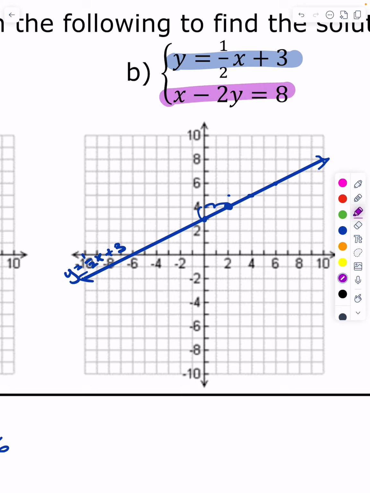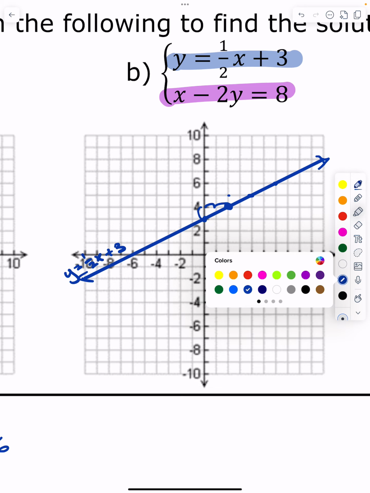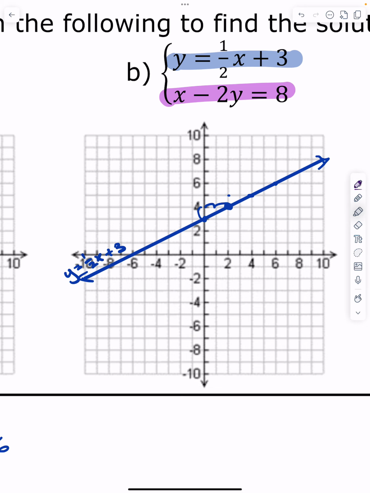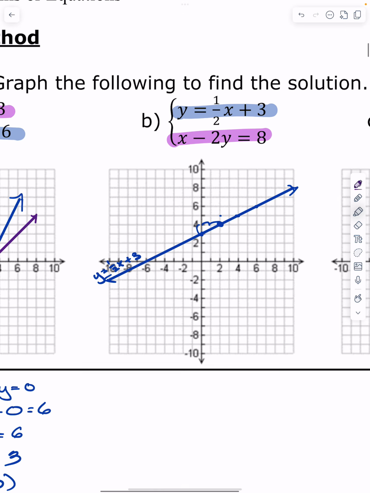Other equation, x minus 2y equals 8. Again, I'm going to use the intercepts because I really don't want to solve for y. Let x equal 0. I get 0 minus 2y equals 8.